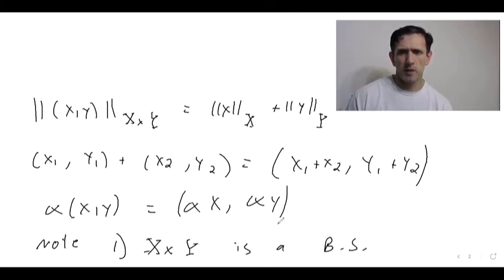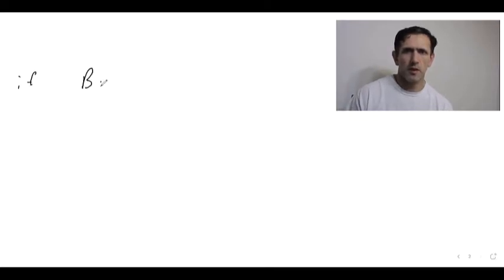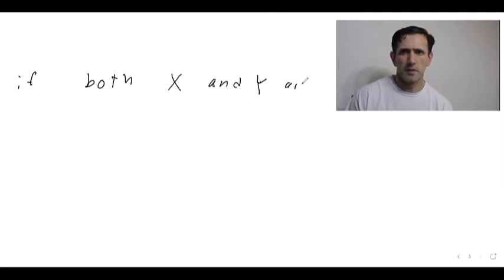This is a Banach space with this norm, and you can check it's pretty trivially a norm. The zero element, of course, is just (0, 0). It's complete if both of these are complete. So if both X and Y are Banach spaces, then X times Y is a Banach space.